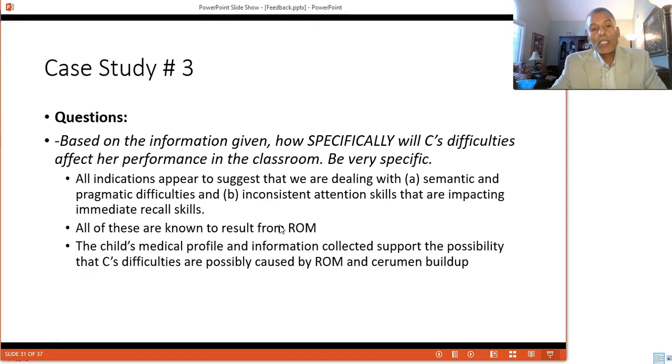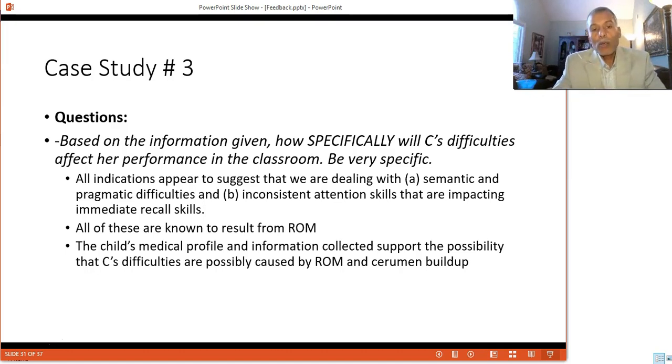All indications appear to suggest that we are dealing with, number one, A, semantic and pragmatic difficulties, and B, inconsistent attention skills that are impacting immediate recall skills. So you have cognitive issues, you have language issues. And there's also a possibility of auditory processing issues, because recurrent middle ear infections are going to contribute.